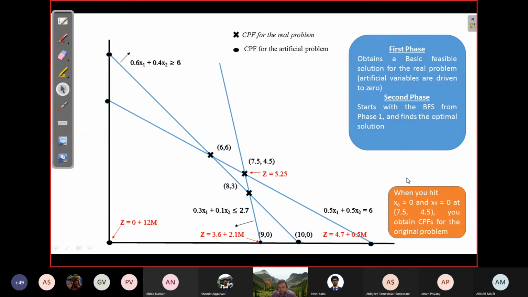So in this process, what happens? When you enter the BFS of the real problem, then all these artificial variables are thrown out of the base. That means they become non-basic, which means that their values become zero.